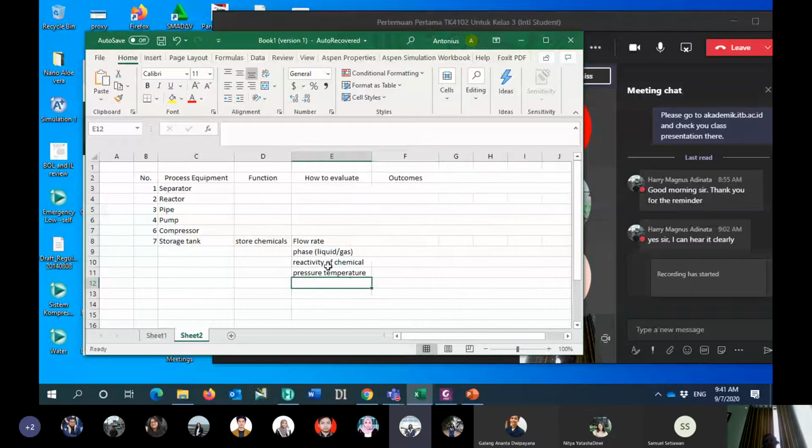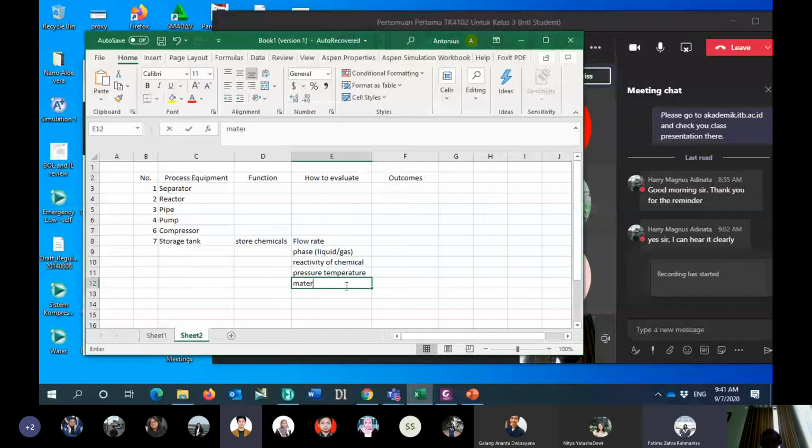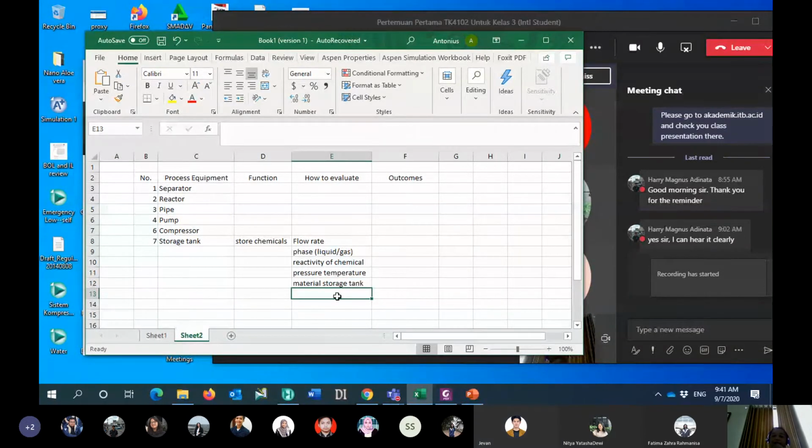The materials of the storage tank. Okay, the material of the storage tank. Any others? The location of the plant, of the storage tank. What is the impact of the location? Is there any impact?